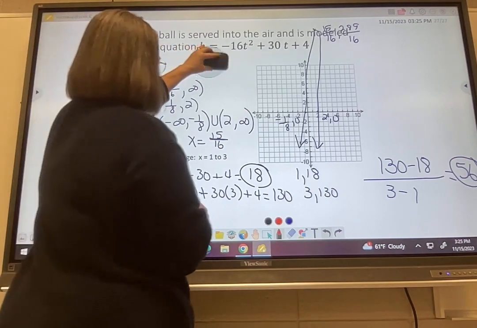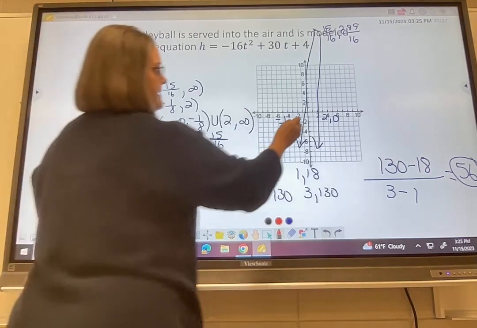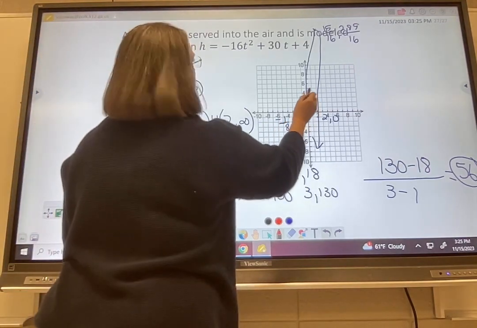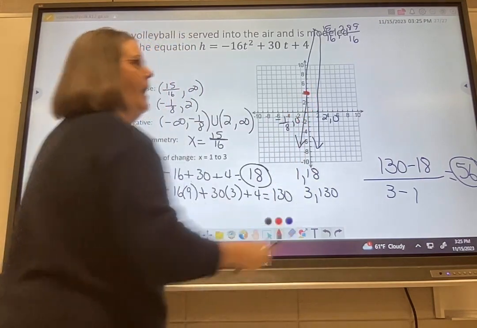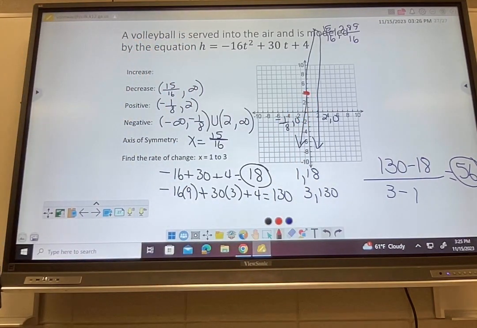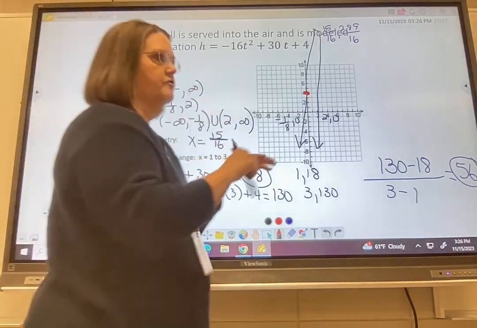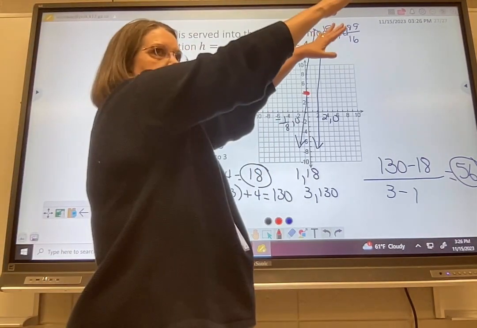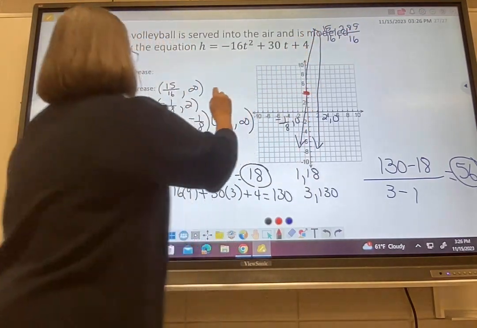We don't. So that's theory, but what we're starting with is 0 because right here we have a y-intercept at (0, 4). You don't have negative time when you throw a volleyball or a soccer ball or whatever kind of ball it is. It's a volleyball. You're starting at 0 seconds and throwing it. So it is increasing from 0 to 15/16.